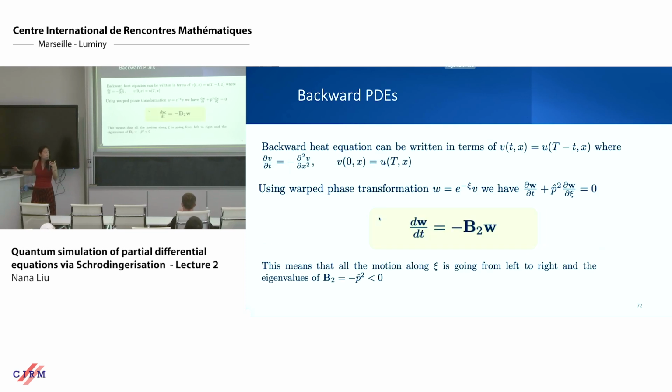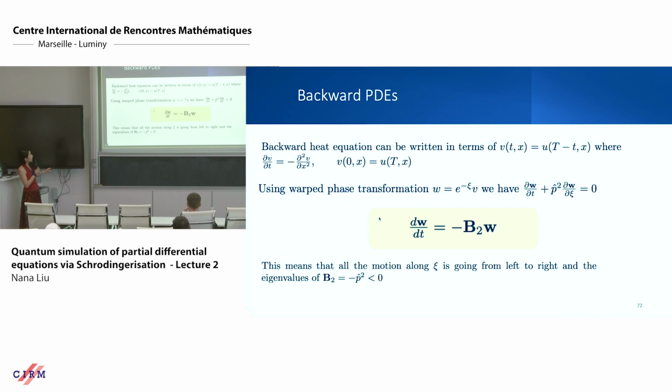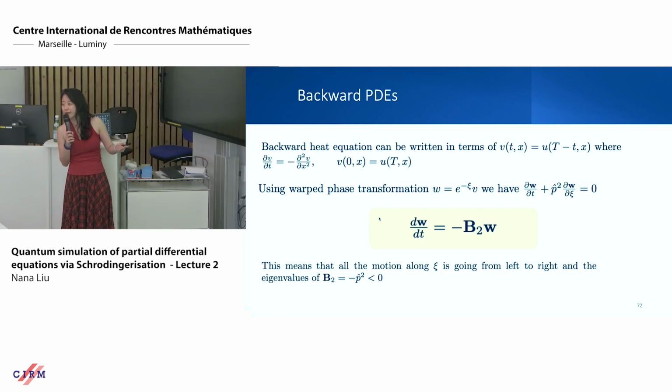But now if we do the backward equation, if we write the backward equation in terms of another variable, v, where this is the backward propagating part, then we look at our new wave equation, and the initial condition now has a minus sign. Okay, so this is a backward propagating heat equation.